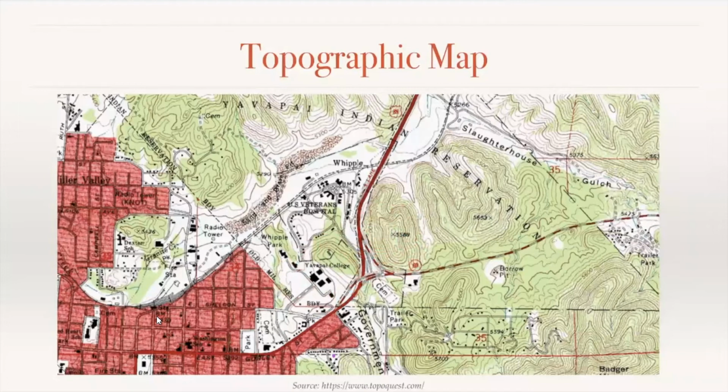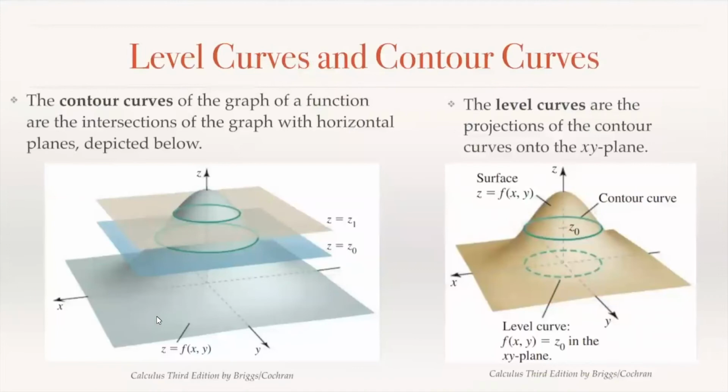So in this way, we can visualize the shape of hills and mountains and valleys by looking at the level curves. And the level curves here are of constant vertical distance apart. So the fact that these lines here are very close together indicates steepness, while over here, those lines are far apart, and that indicates that it is changing altitude at a slower rate. So level curves are those curves of constant altitude.